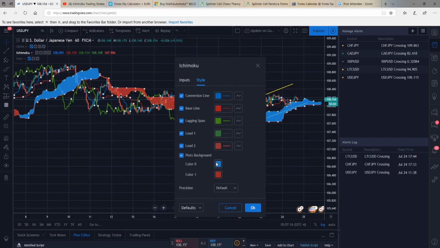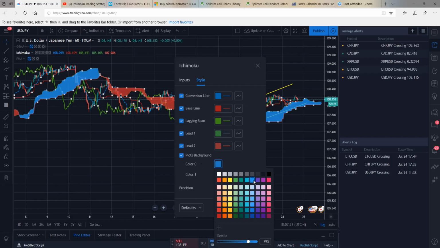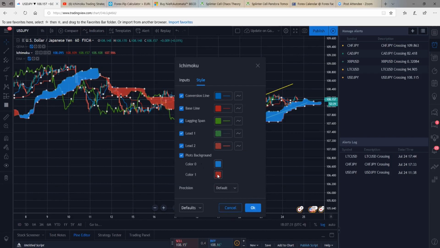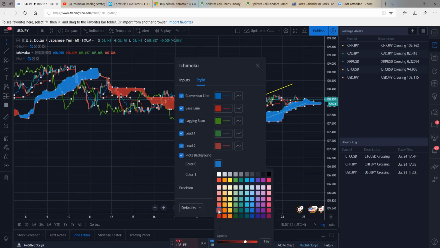I would like your plots background color 0 to be this blue, and to turn up your opacity to about 79 to 80%. I would like you to go to color 1 under plots background and change it to this red.